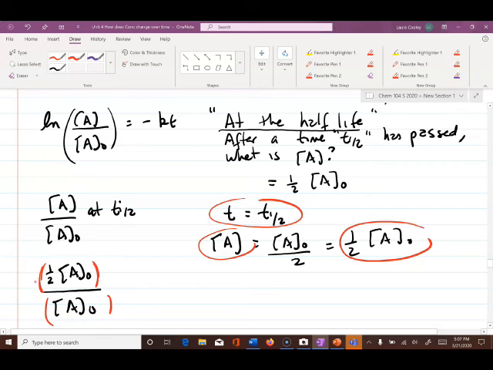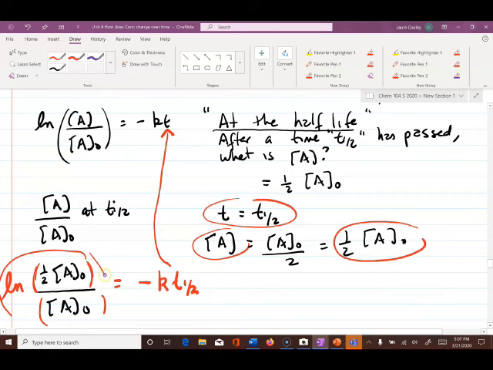So we know that the log of that is minus k, but I'm not going to put t in here because I know this occurs only at the half-life.